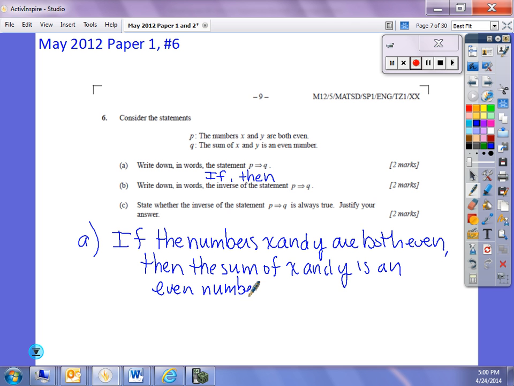And the IB graders on this problem are looking for the idea that you understand that the conditional is an if-then statement.